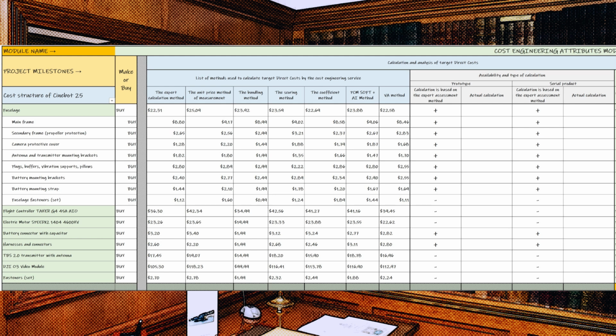With regard to the case under consideration with the Signboard 25 drone, according to criterion 4, make or buy, based on the analysis of the BOM block, the project manager or another user can conclude that the manufacturing company carries out only the final assembly of the product and all components come from external suppliers, which can be conditionally divided into suppliers of mechanical parts and fuselage elements, suppliers of relatively simple electrical components, connectors, harnesses, etc., and suppliers of relatively complex mass-produced purchased parts of well-known brands: electric motor, flight controller, radio transmitter, and digital video module.